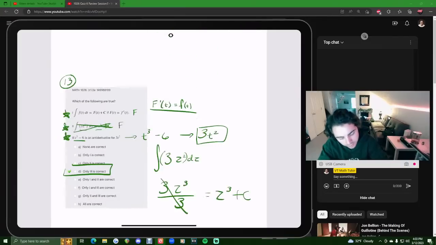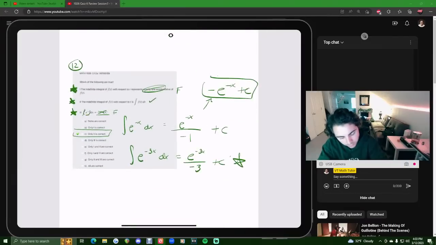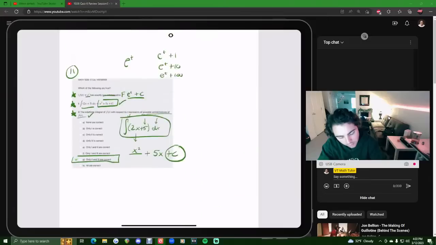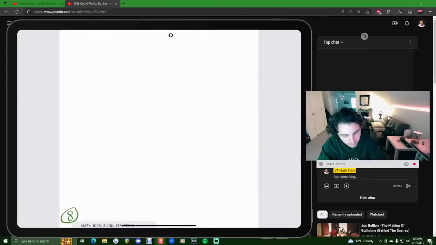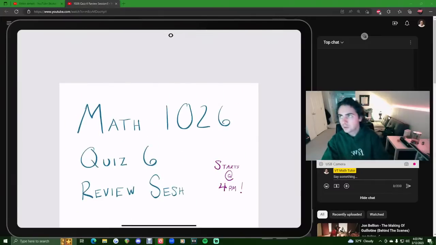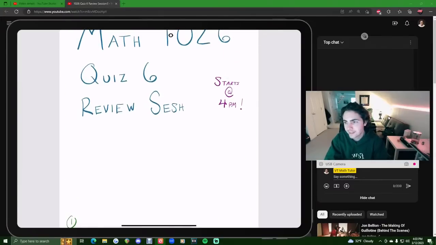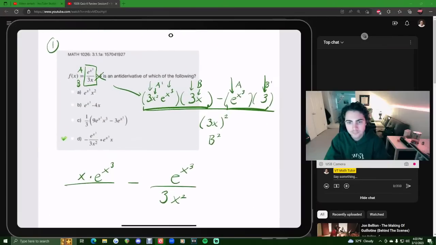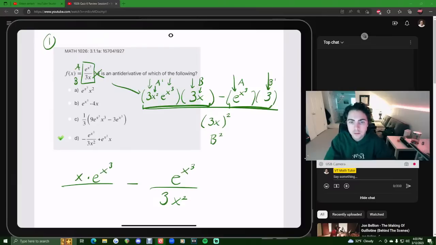This was just a brief insight into antiderivatives and a big hint to go ahead and review your derivatives, your product rule, your quotient rule, your chain rule. A lot of antiderivatives, so it's on my mind, I guess.